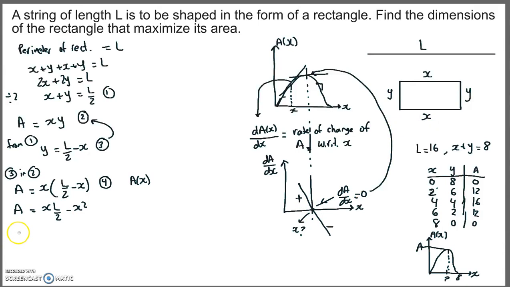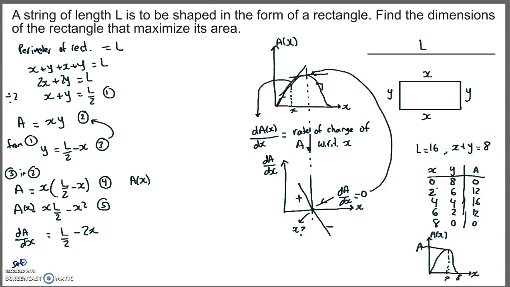So we have, let's call this equation 5, A as a function of x. So dA by dx equals, L is a constant, so L over 2 is a constant, multiplied by x. So the derivative of this term with respect to x equals L over 2. The derivative of x squared is just 2x.